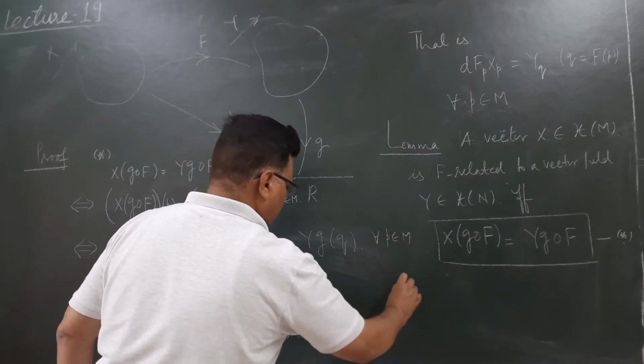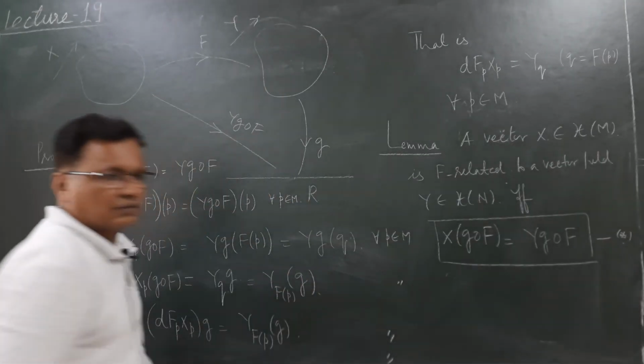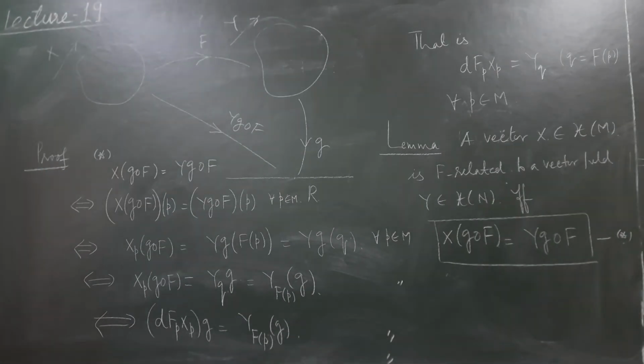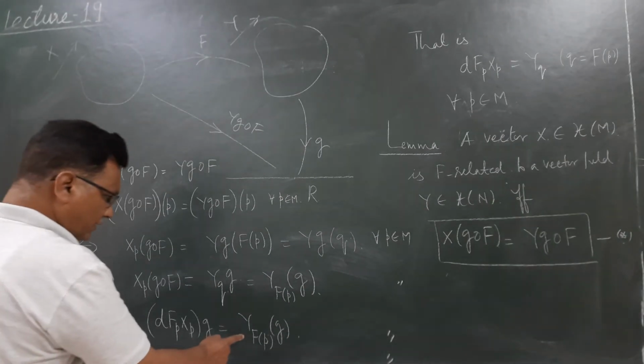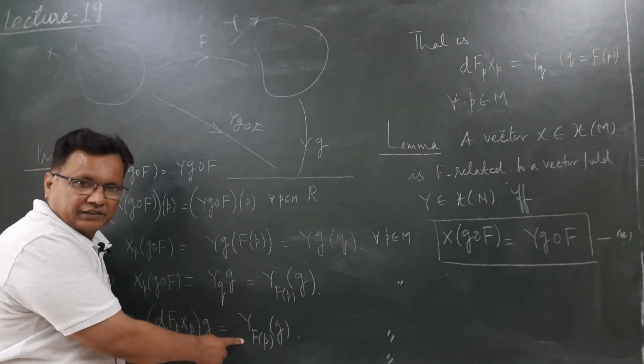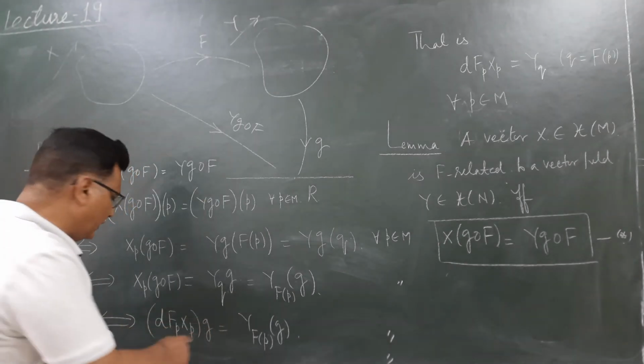Okay, so what do you get? That Y becomes a vector field whose value at every point is the same as df_p Xp.